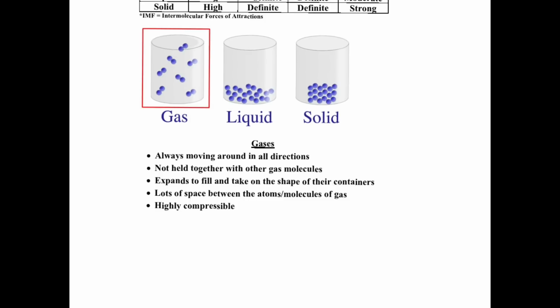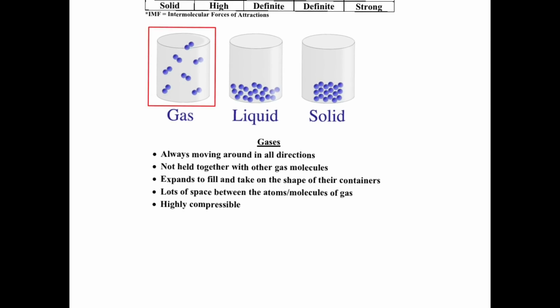And the gases are always moving around, so they're buzzing all over the place. They are not held together, in the case of an ideal gas, at all. But in some real gas situations, when the pressure's high enough and under the right conditions, they do see each other and have some weak attractions.